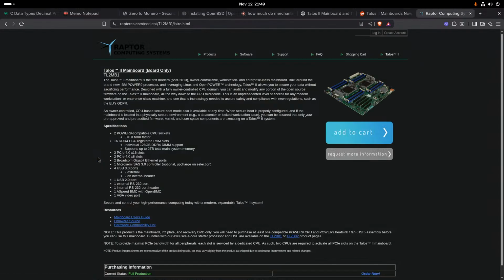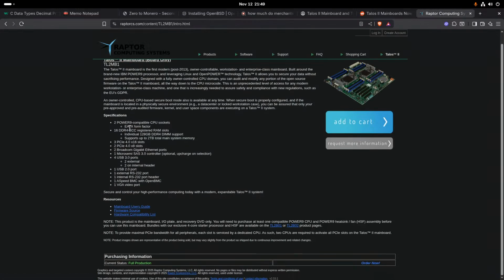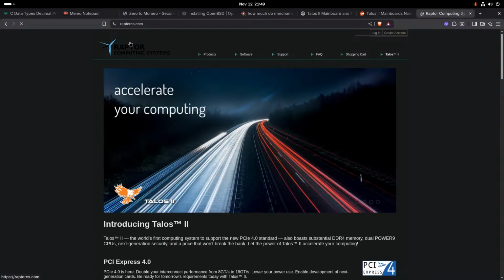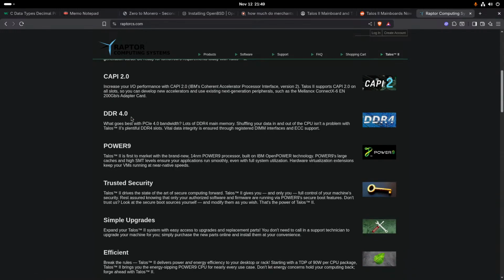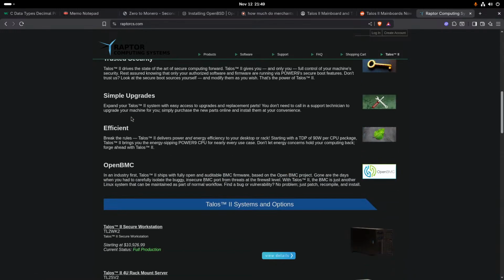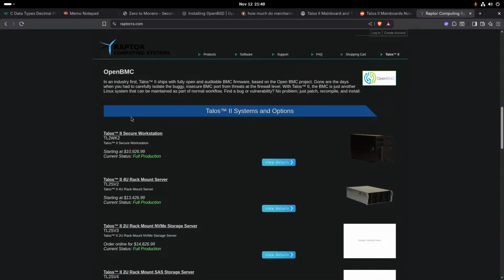Oh yeah, wrapped. God, they're just so expensive. OpenBMC, the industry-first Talos to ship a fully open and auditable BMC firmware based on the OpenBMC project. Gone are the days when you could carefully isolate the buggy, insecure BMC ports. $10,000, man.